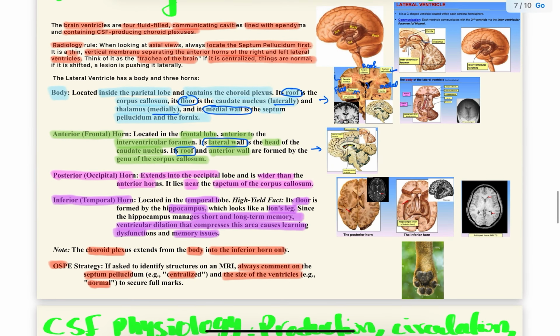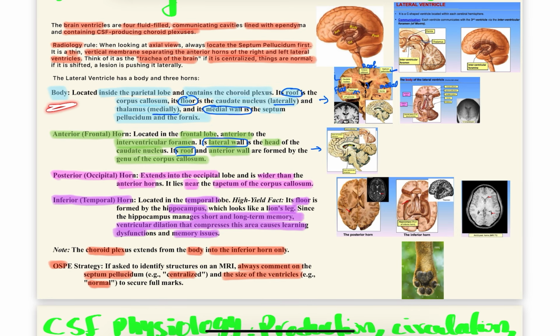Okay, let's talk about the body. The body is found inside what? The parietal lobe, and it has the choroid plexus. And we are going to see that only the body and the inferior horn have the choroid plexus, so only they have CSF production.